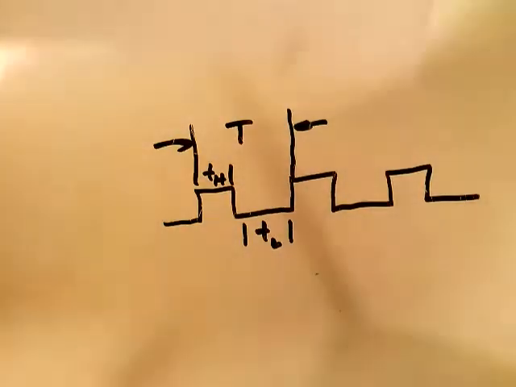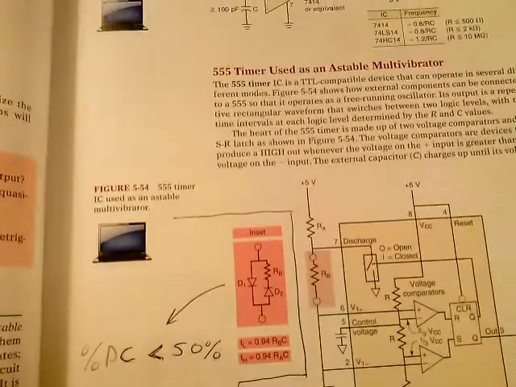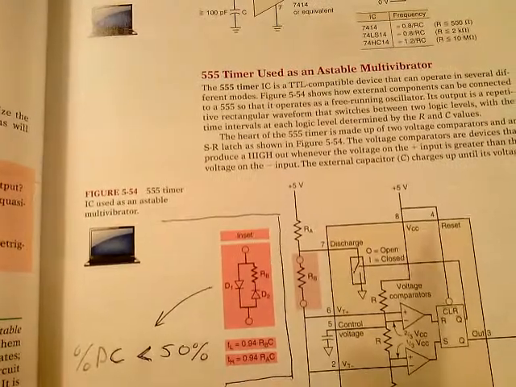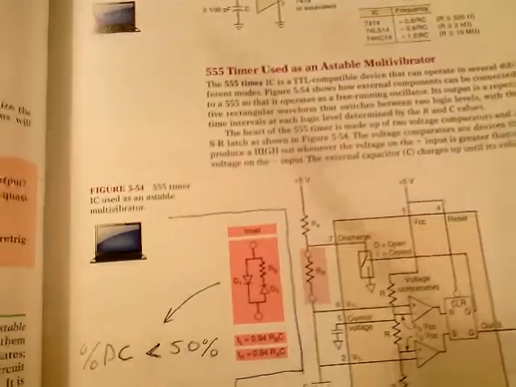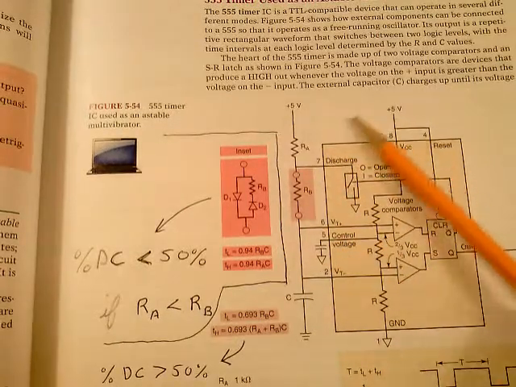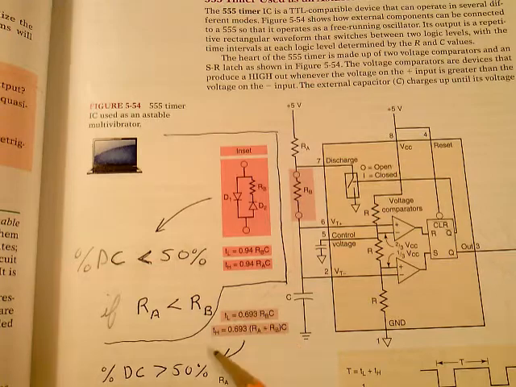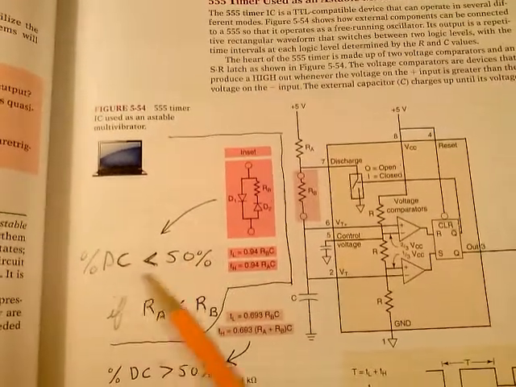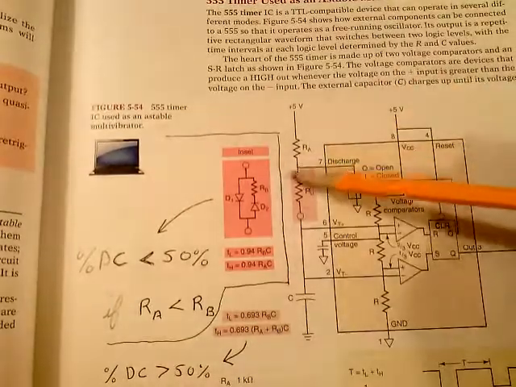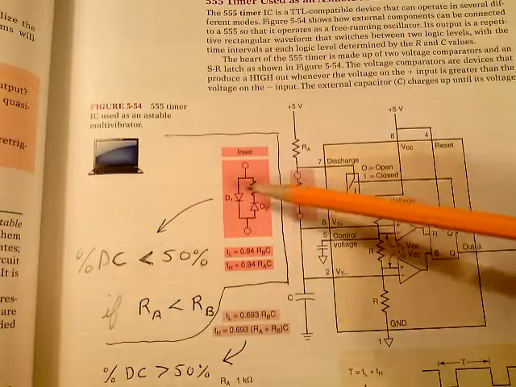So what you're going to have to do is take a look at this part of your book here. If you just use this circuit right here, these are your equations, and your duty cycle is greater than 50%. But if you need to get less than 50%, this RB has to be replaced with RB and 2 diodes.